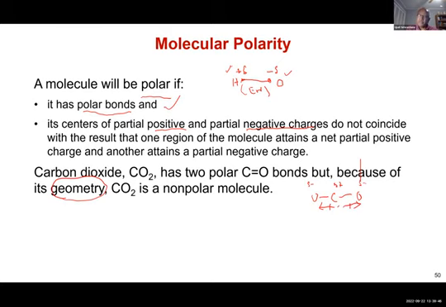When polar forces are opposed in a line, they cancel out. Because the polar bonds cancel out, carbon dioxide is a non-polar molecule. So you get the idea.